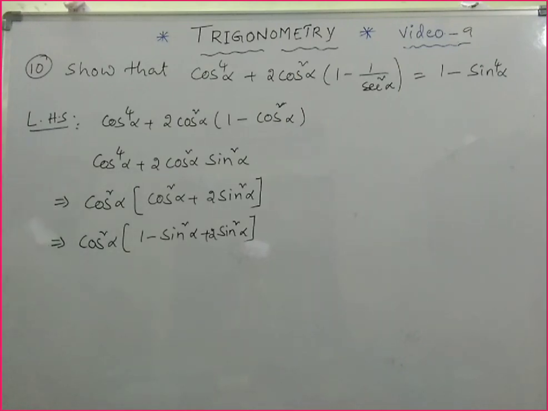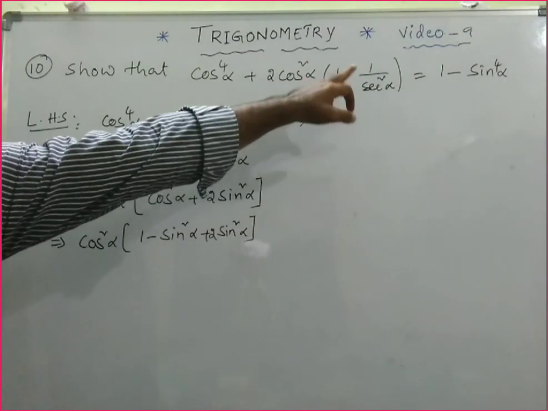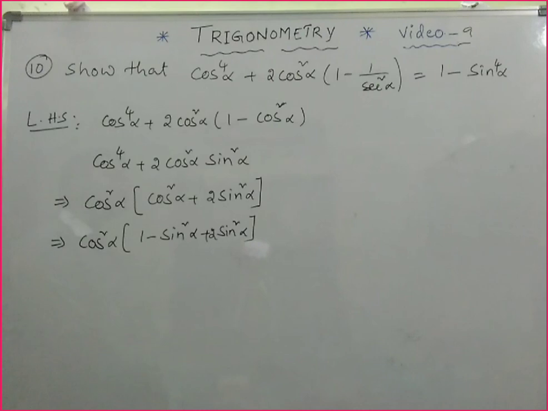Coming to problem number 10. Show that cos power 4 alpha plus 2 cos square alpha into 1 minus 1 by secant square alpha is equal to 1 minus sin power 4 alpha.